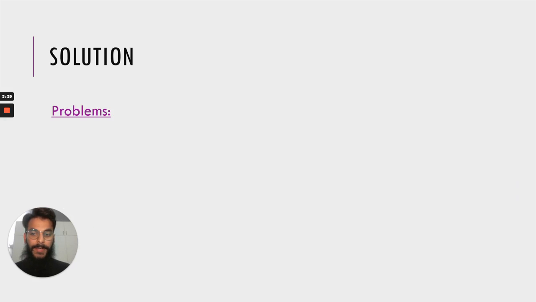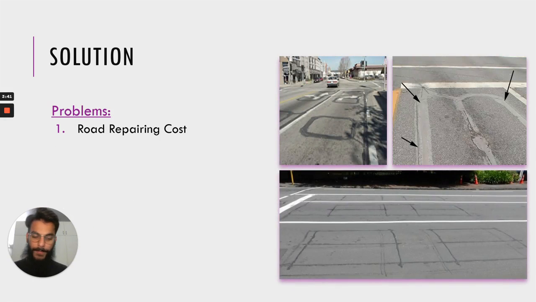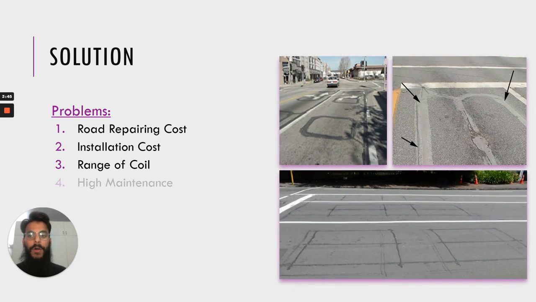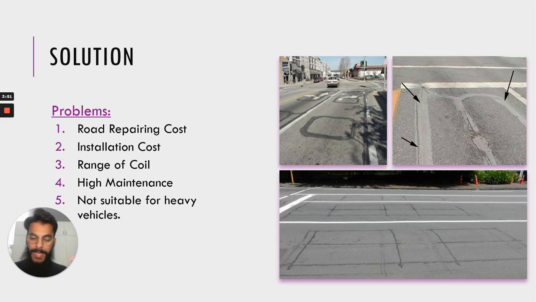There are some problems, which are road repairing, of course, the installation cost, the range of the coil, and high maintenance. And one more: this solution is not suitable for heavy vehicles. There are also some patches after the installation, which is not good.